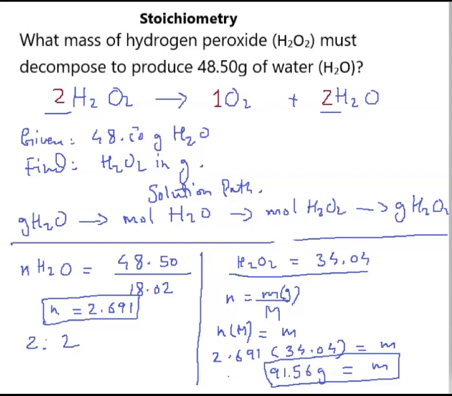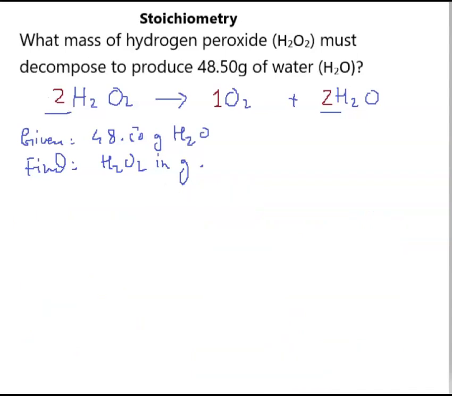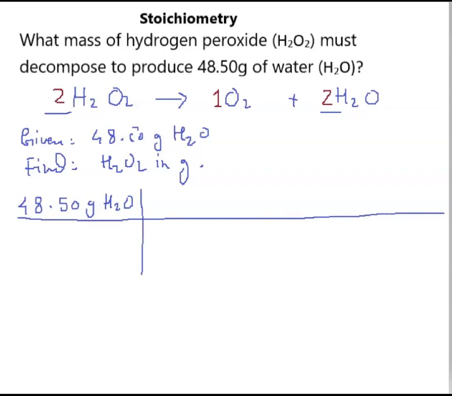There's another method to do that. Exactly the same way, but we just have to write everything at the same time. Let me write that for you. Okay, so what we need to do is exactly the same way. 48.50 grams of H2O. Just have to make a line here so it's easier to understand. We're just writing the exact same ratio.